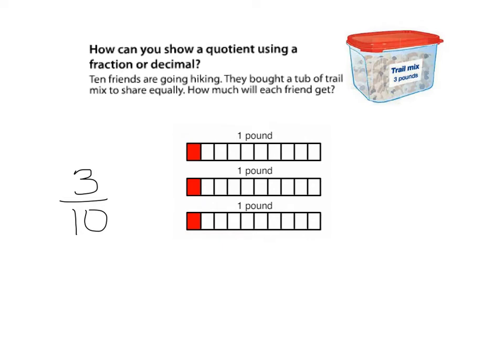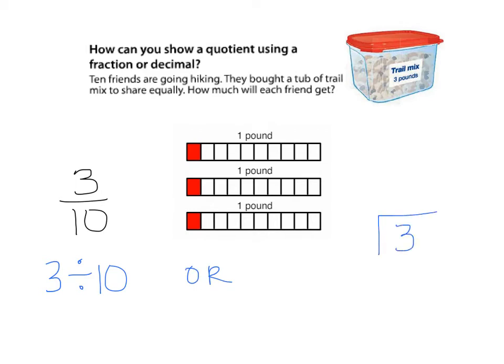But how can I get it as a decimal? Well, we learned that all this fraction bar means is divide. So I'm going to take my 3 and I'm going to divide it by 10. You guys learned that this looks like this. 3 divided by 10.